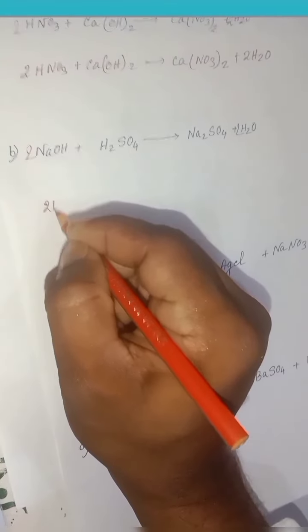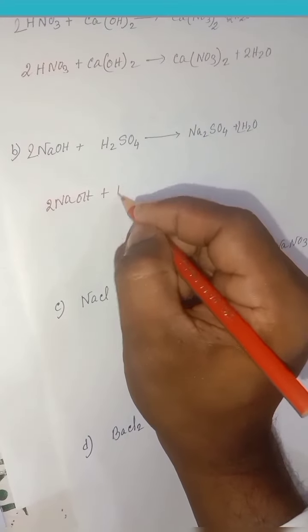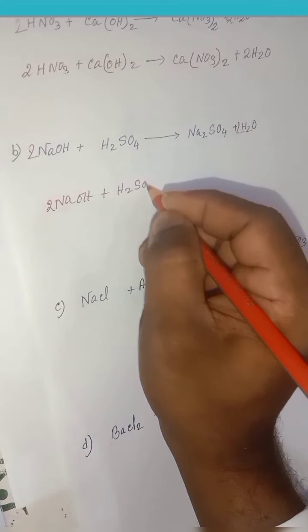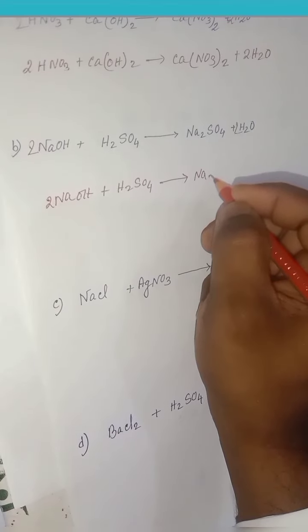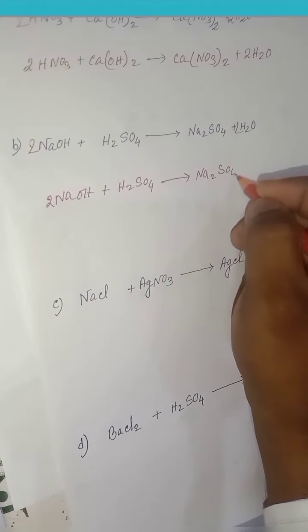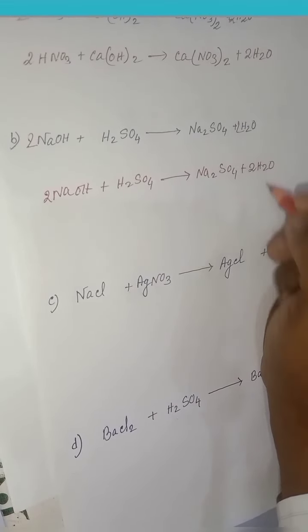The equation is balanced: 2NaOH plus H2SO4 gives Na2SO4 plus 2H2O. Okay.